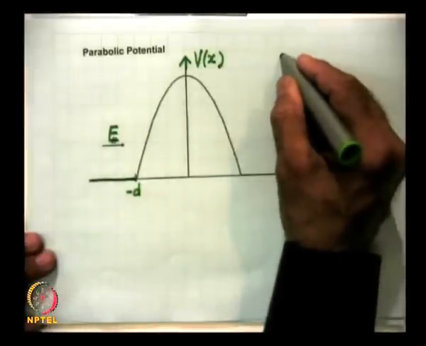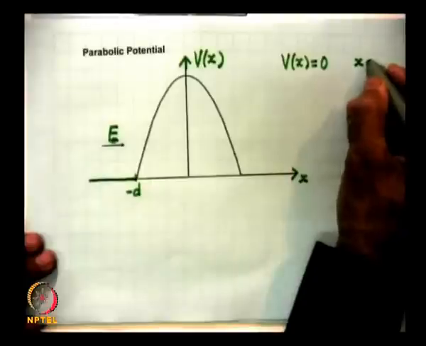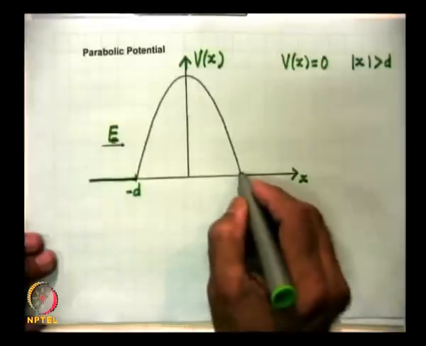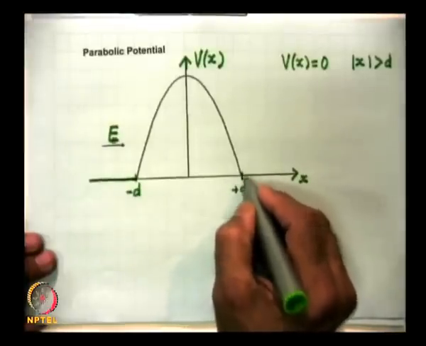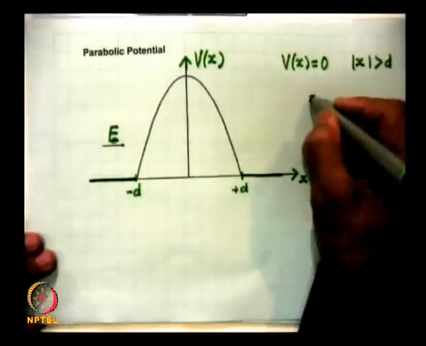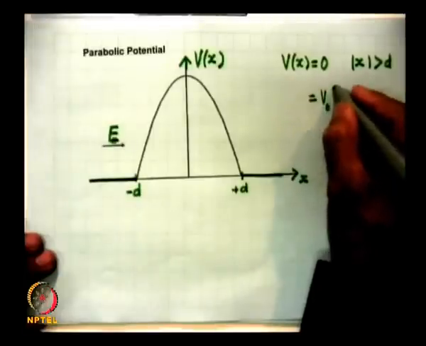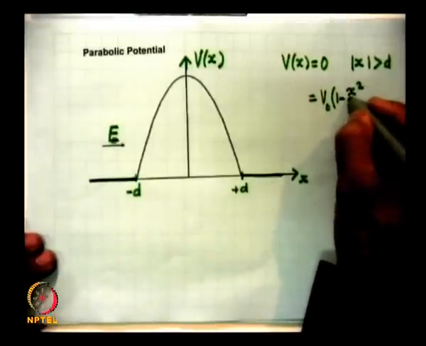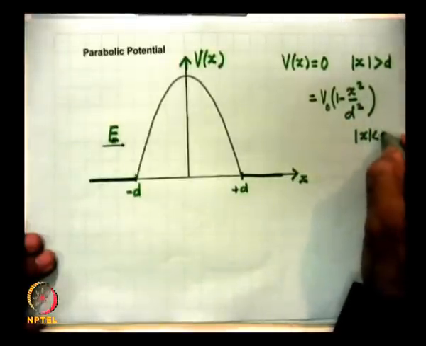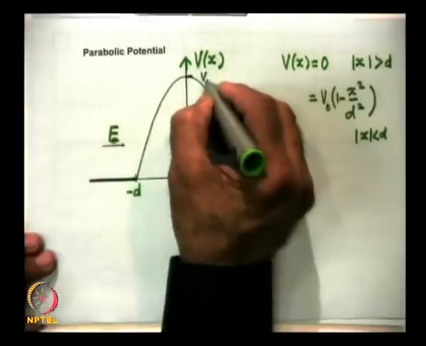So, we write down that V of x is equal to 0 for mod x greater than d. So, at plus d also, beyond that the potential energy is 0, and for mod x less than d, V of x is V 0 times 1 minus x square by d square. So, at x is equal to 0, the potential energy is V 0.